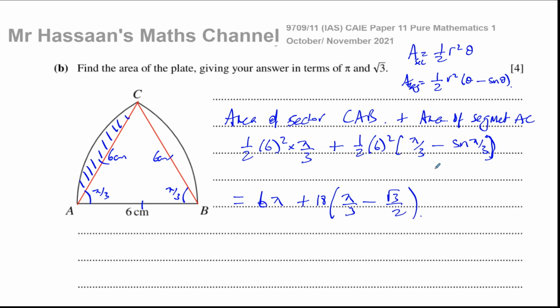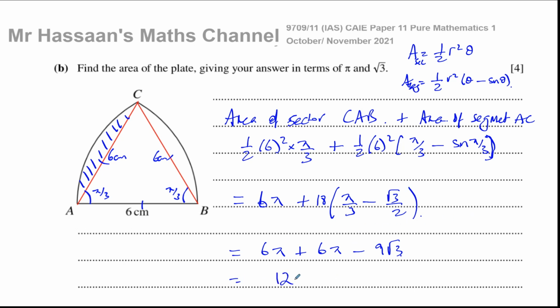Now we want to give the answer in terms of pi and root 3, so we can simplify this. Let's expand that bracket. 6 pi plus 18 pi over 3, which is another 6 pi, minus 18 times root 3 over 2, which is 9 root 3. The 2 and the 18 cancel out when you expand that.